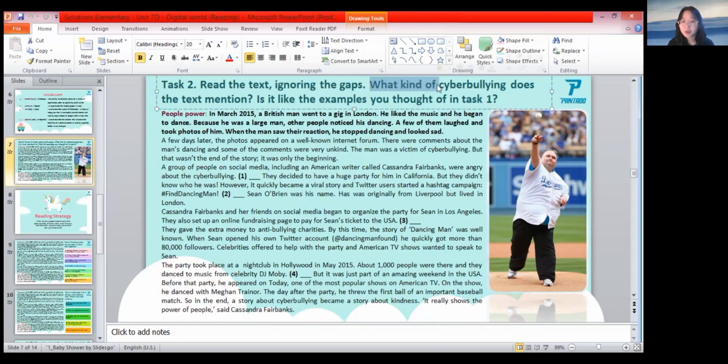What kind of cyberbullying does the text mention? Okay, you're gonna read and understand the passage and then find out what kind of cyberbullying, and is it like the examples that you thought of in task 1?